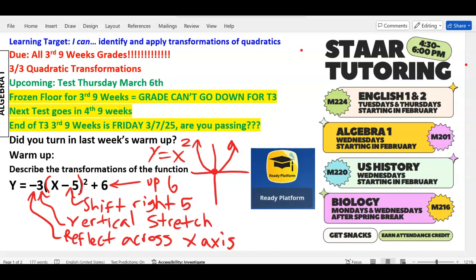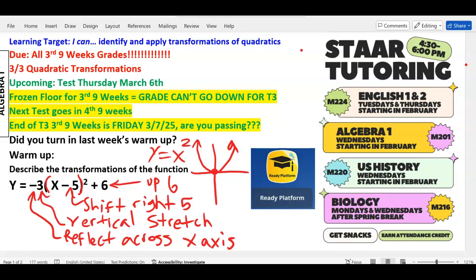Now, check it out. You could always just graph the parent function x squared in Desmos, and then graph the new one in Desmos and just look at how did it change, right? So if I have x squared and then I graph the new one, I see it shifted, flipped, and stretched. You can use Desmos to help you.